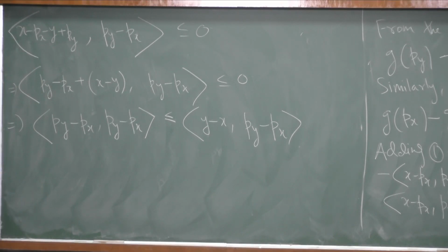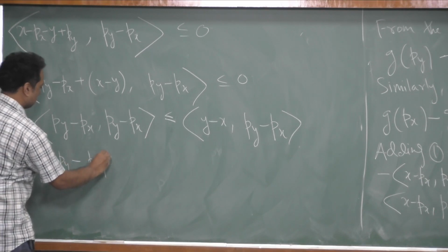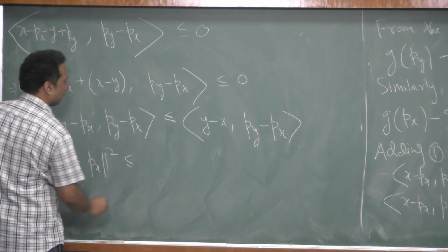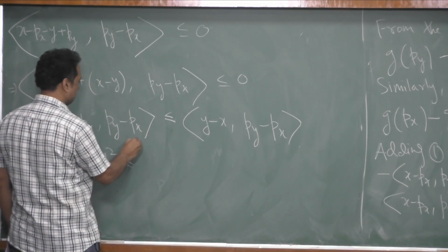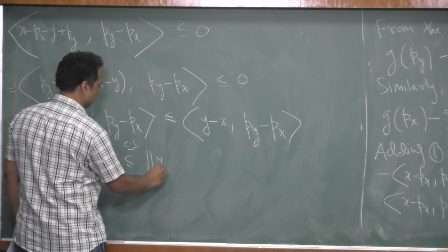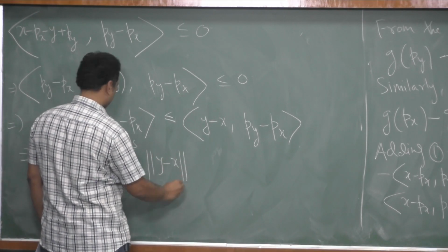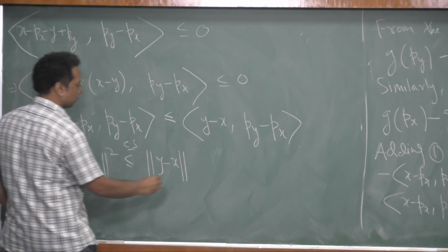Okay, so here certainly we have a norm of py minus px squared, and here we will apply the Cauchy-Schwarz. Okay, so let us say CS, then it will be norm of y minus x, and okay, then one of these will get cancelled, so it's fine.